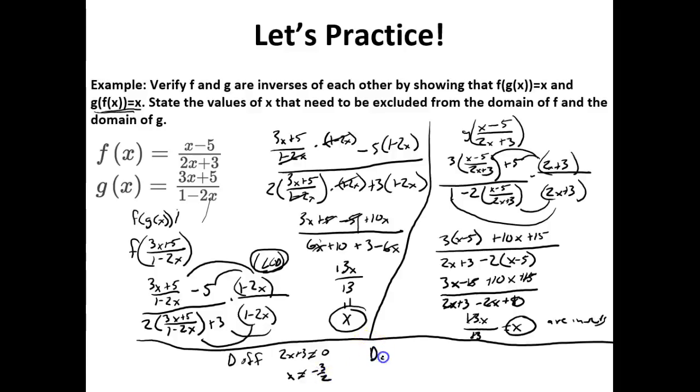What about the domain of g? For the domain of g, we cannot have the 1 minus 2x, this bottom, be 0. So we cannot have x be 1/2 when I do the solving for it.